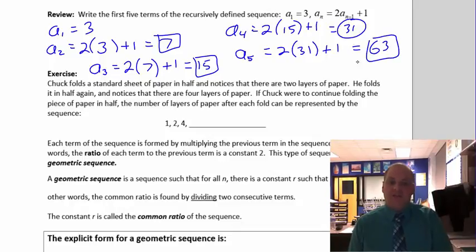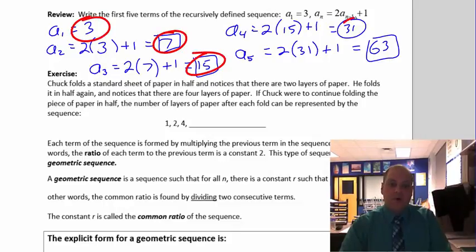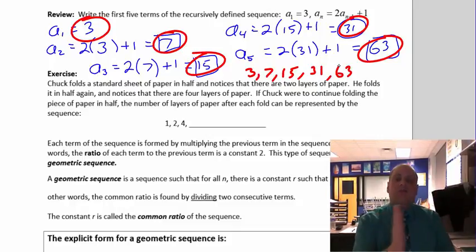So a sub 5 is 63. So my first 5 terms are, I'm just going to change colors. My first 5 terms are 3, 7, 15, 31, 63. Those are the first 5 terms of my sequence.